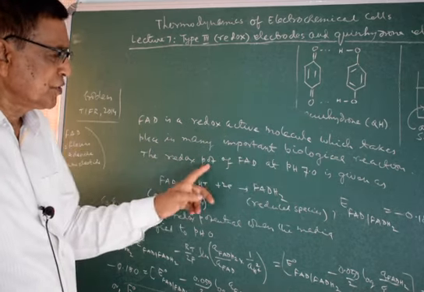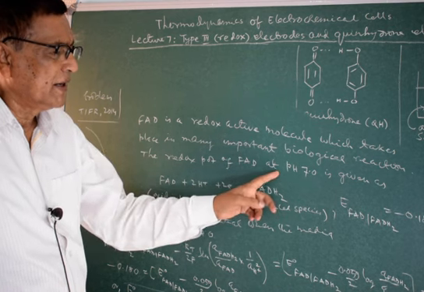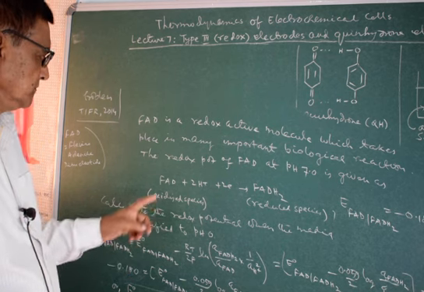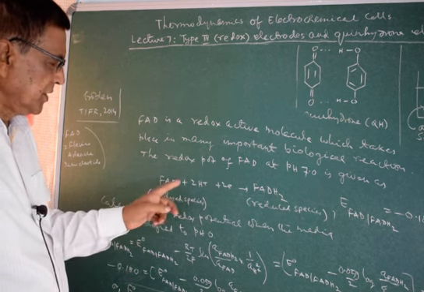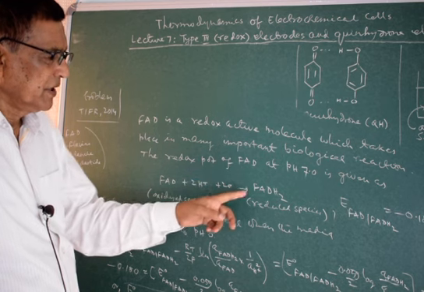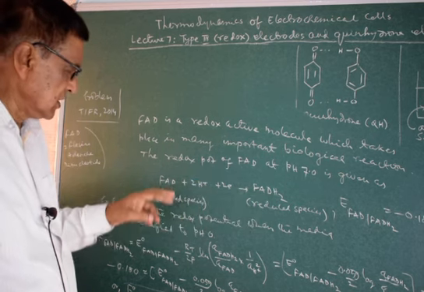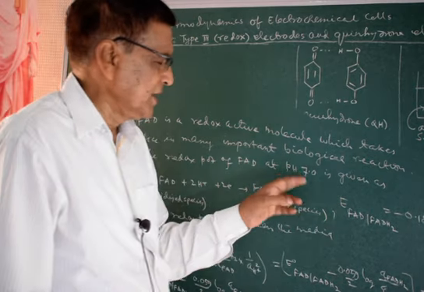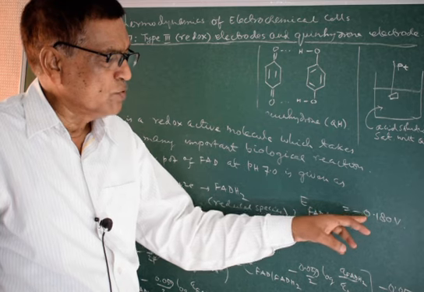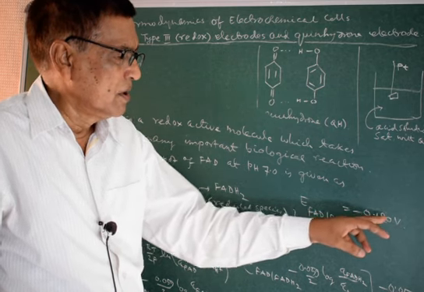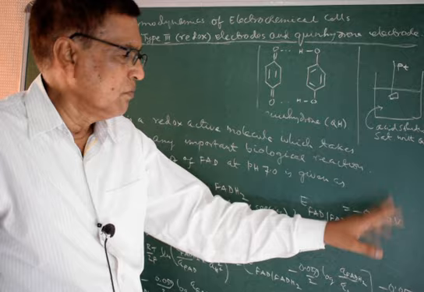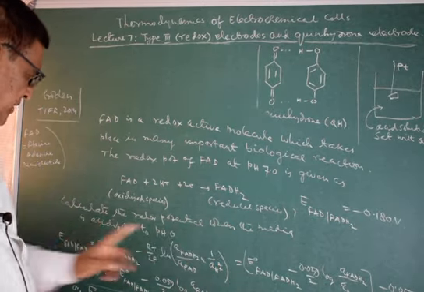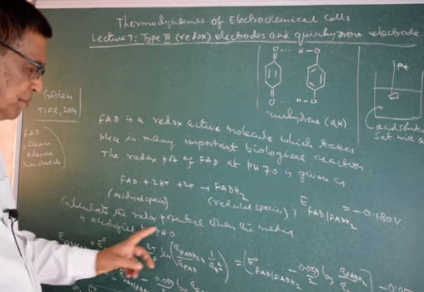The redox potential of this FAD at pH 7 is given for the reaction FAD plus 2H plus plus 2e equal to FADH2. This is the oxidized species, this is the reduced species, and the potential at pH 7 is minus 0.180 volt. Calculate the redox potential when this medium is acidified to pH 0.